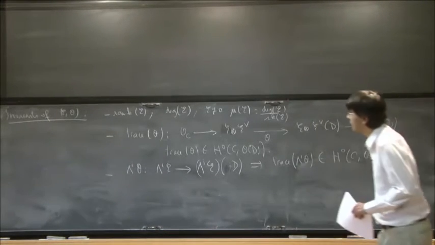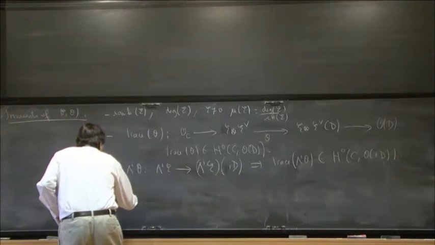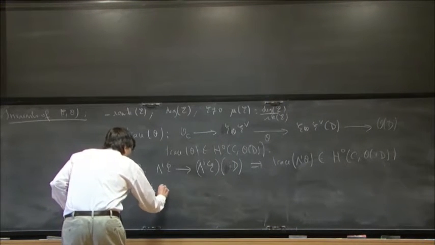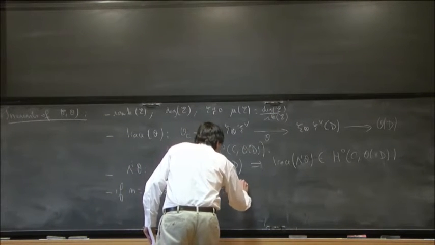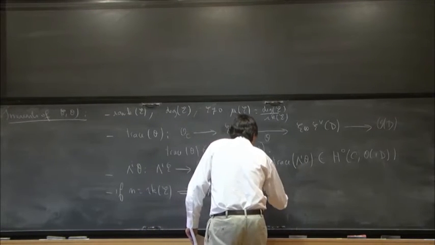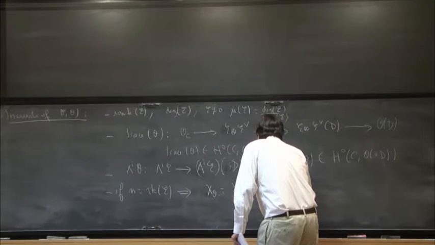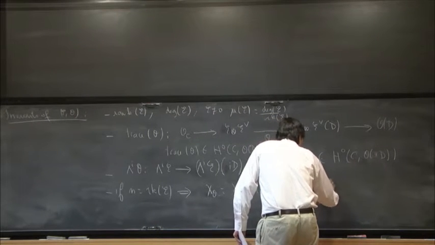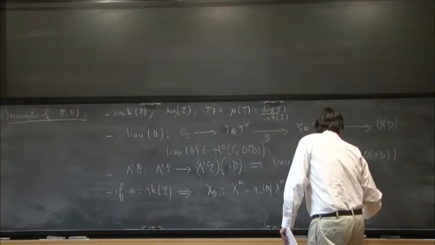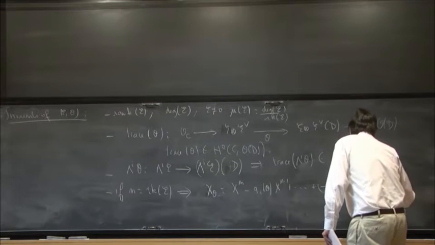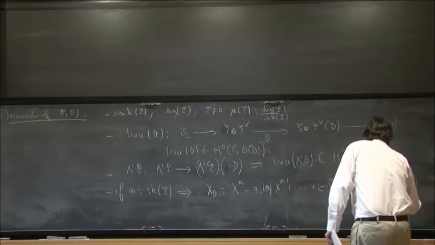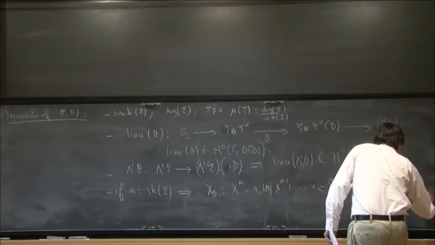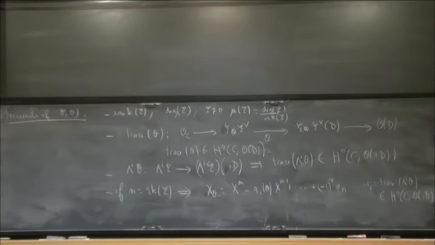So now, if n is the rank of E, I can attach a characteristic polynomial to theta, which is x^n minus a_1 x^(n-1) plus ... plus or minus a_n, where a_i is the trace of the i-th exterior power of theta, and this is a section of O(iD). So this is a characteristic polynomial.